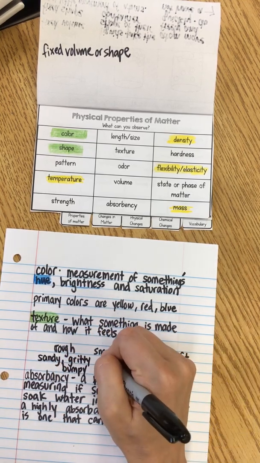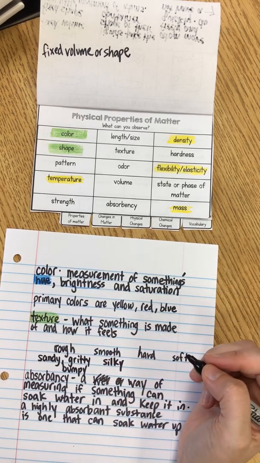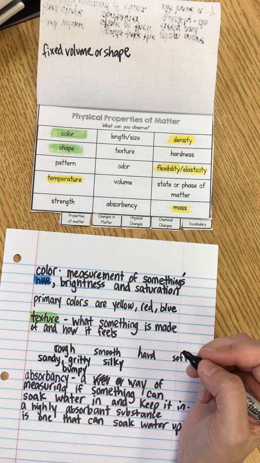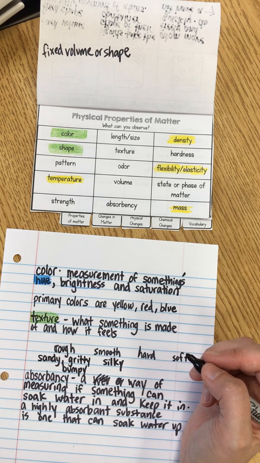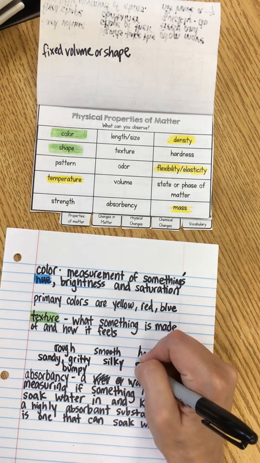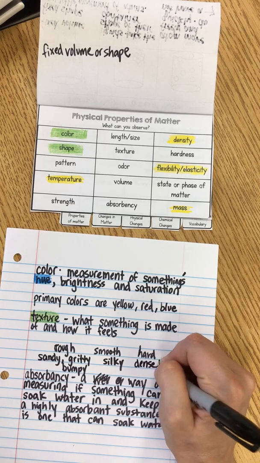If something is smooth, we could say it's silky or velvety. Or we could say it's watery, or just different words that describe how smooth something is. If it's hard, we could say it feels dense or brittle.